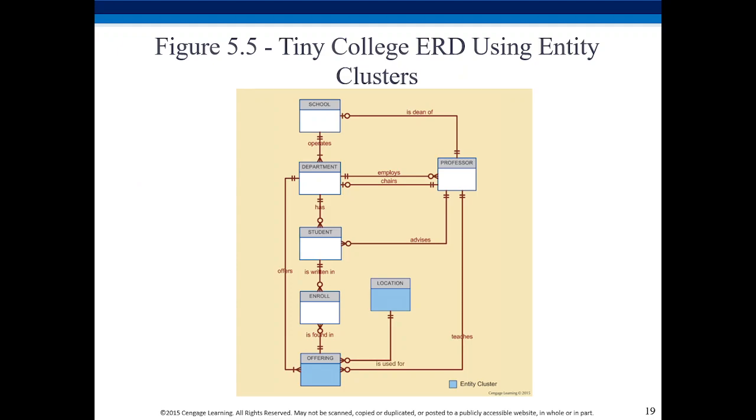Okay, so this is an example of a Tiny College ERD. We've encountered this in the previous units. Here you can notice the blue entities, which are the location and the offering. There are two entity clusters, and a legend says that this is an entity cluster.